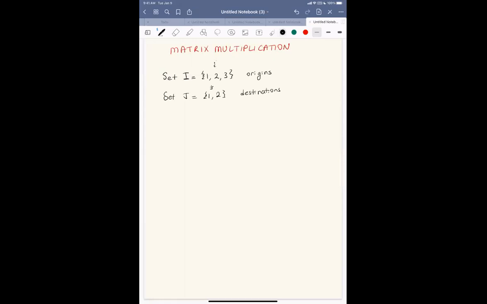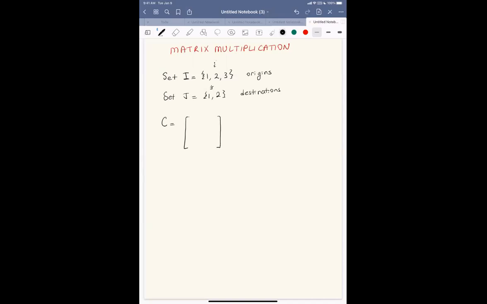Now we have 2 matrices. Say we have matrix C, and this is similar to what you would call a table in Excel.